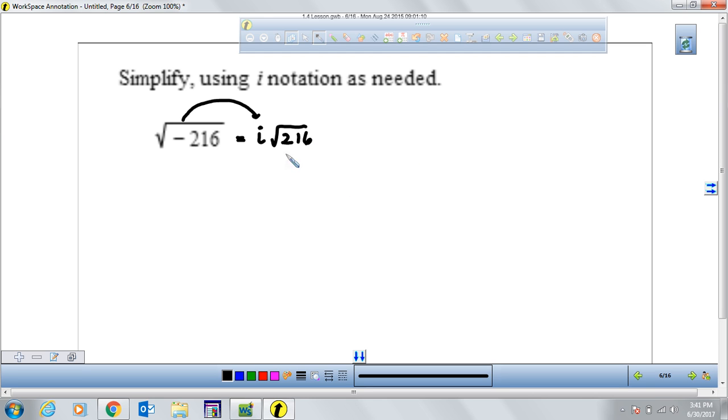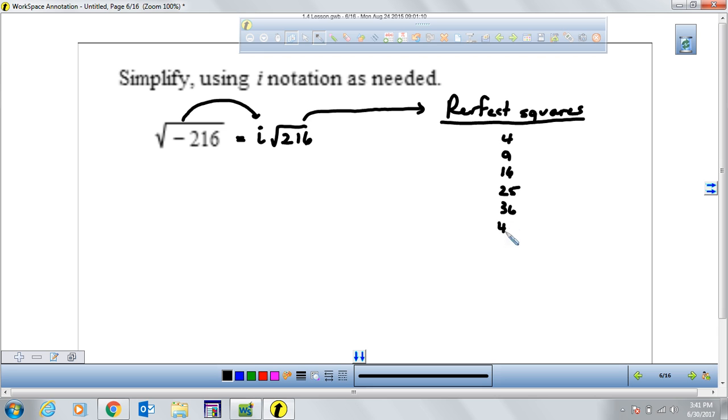But now, the square root of 216, that one is not a perfect square. So what we need to do is factor it, using a perfect square that can be divided into 216. In other words, we're going to start with 4, 9, 16, 25, 36, 49, 64, 81, 100, and so on.